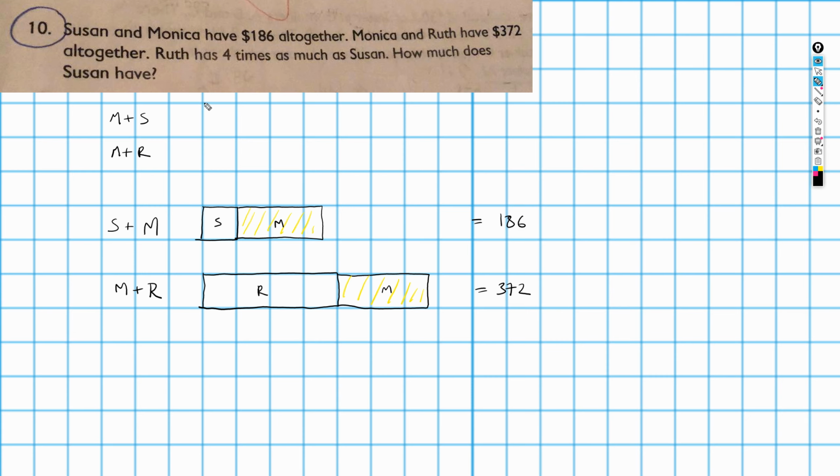Because what Monica has is the same each time, I'm just going to make that, for the ease of drawing, a 3. I know I made it slightly less than that here, but Monica has the same each time. I'll shade it in yellow for consistency. So this is Monica.